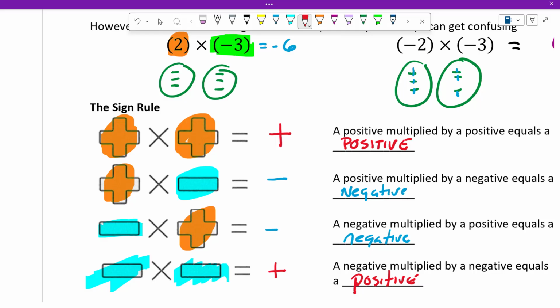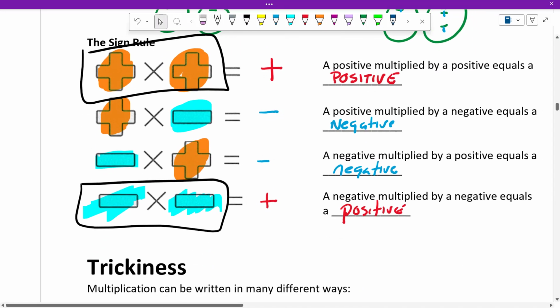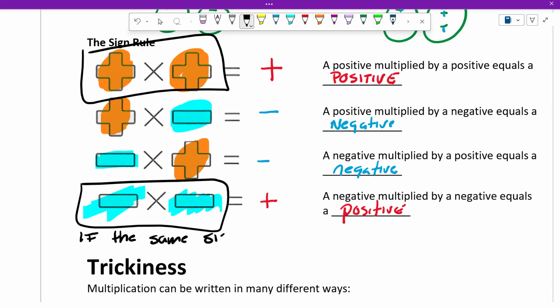The way I like to think about it, maybe it's helpful for you, is if the two signs are the same, the answer is always positive. If the two signs are different, the answer is negative. So if the same sign, then plus.